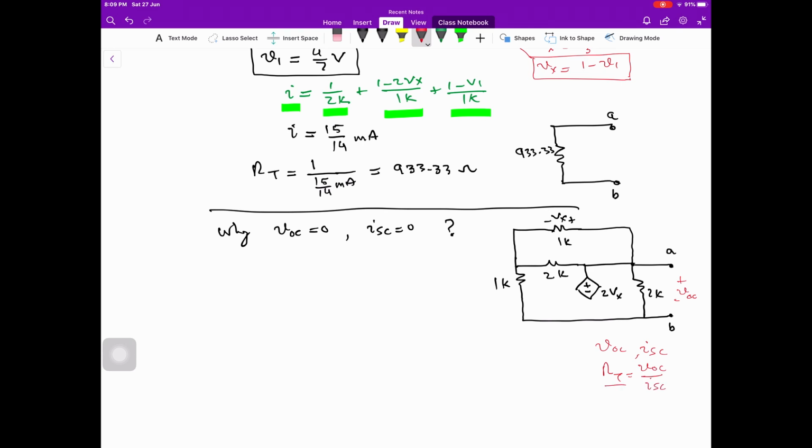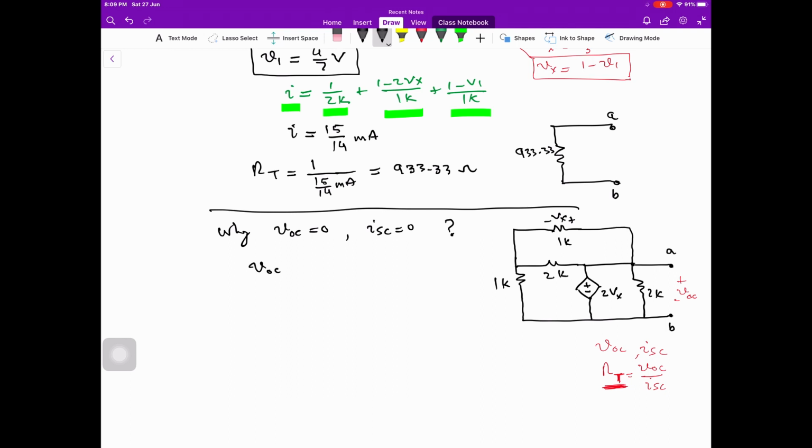Note that we can calculate this Thevenin equivalent by removing all the sources and finding the equivalent resistance by series parallel combinations only when all the sources are independent sources. Now in this circuit, I will advise you to find VOC.